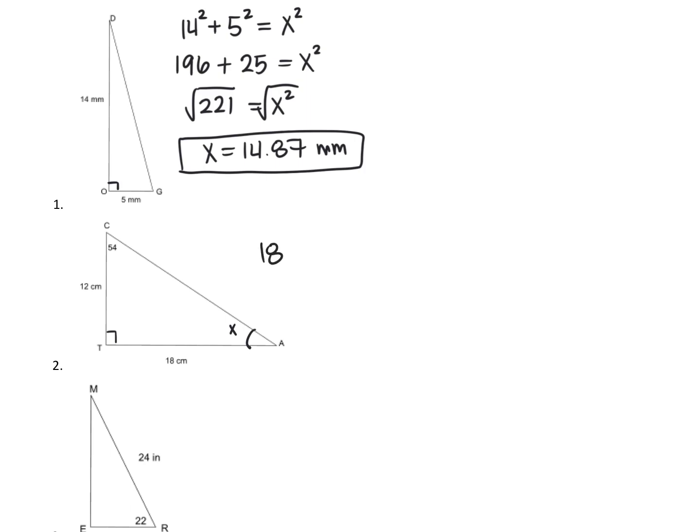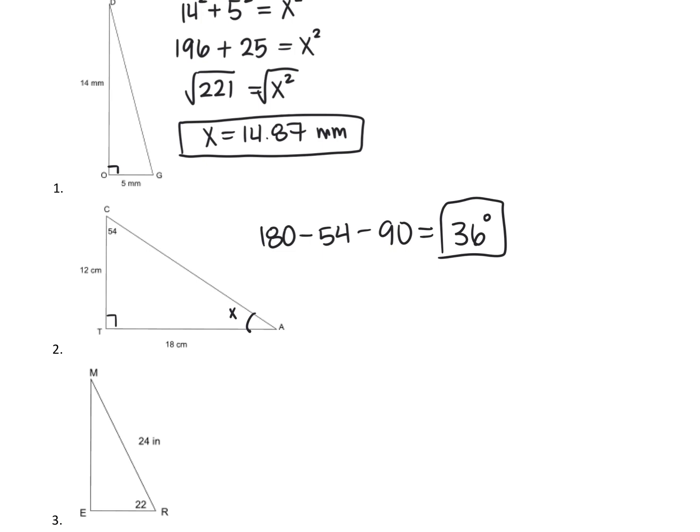So this is a case where I can do 180 minus 54 minus 90. And that will give me my missing angle. So we get 36 degrees. I could also solve for the hypotenuse.